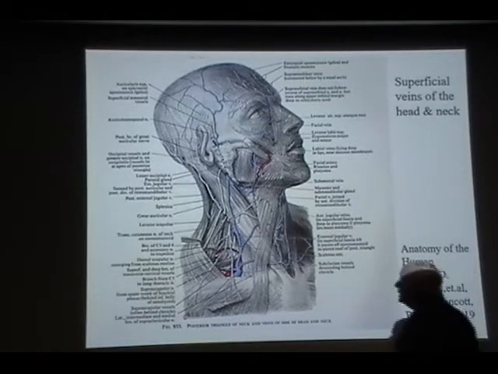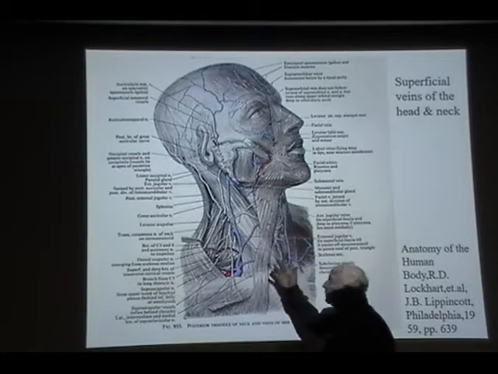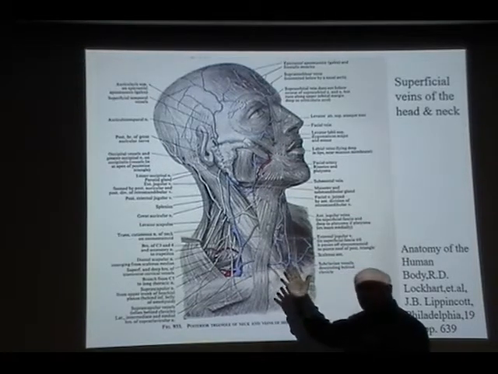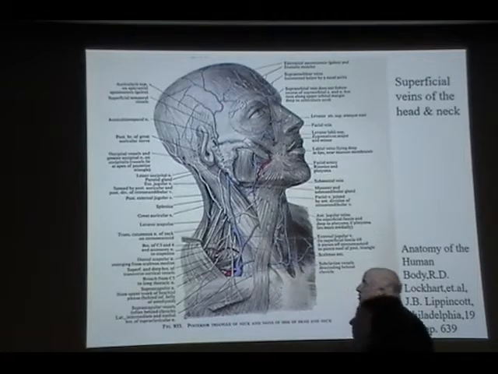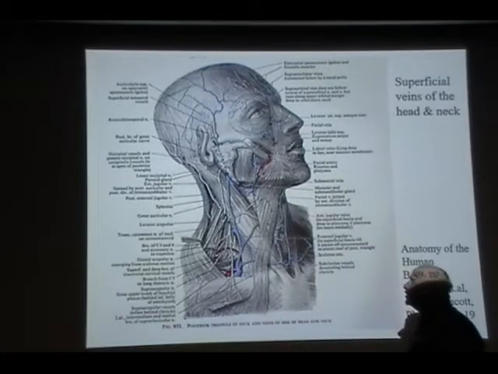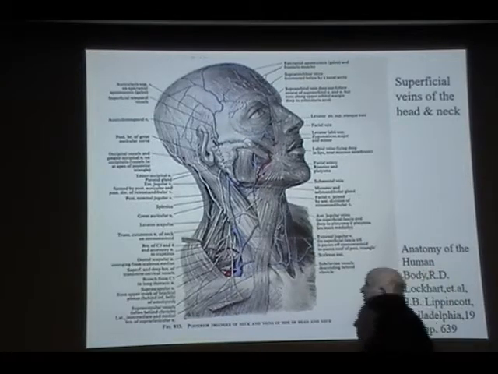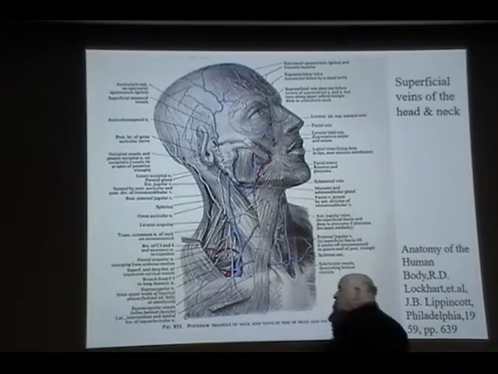Okay, so here now they've cut a window in the platysmal muscle. Okay, the illustrator's cut a window in the platysmal muscle. So what do you see? What's that muscle crossing under the platysmal muscle? This muscle here. What is this?